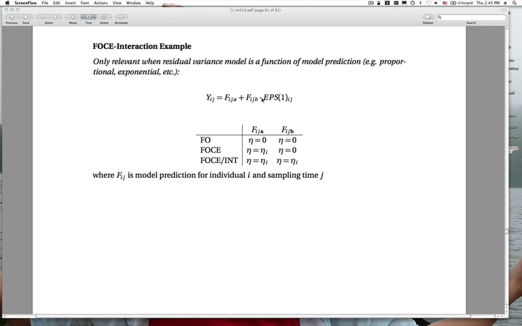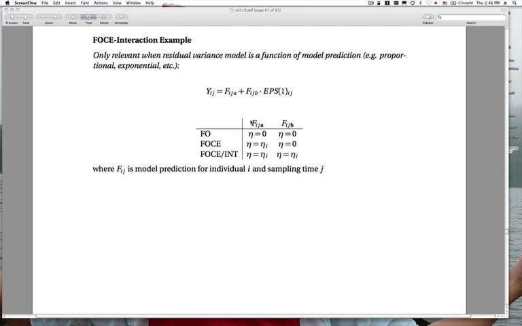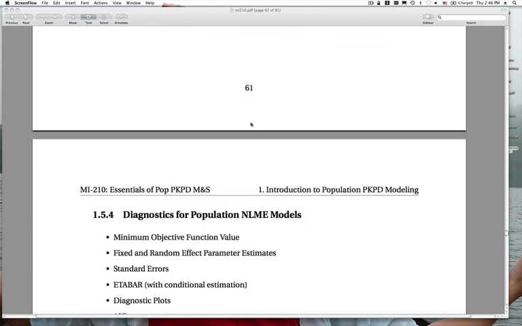They're both a product here, so that's why we call it eta epsilon interaction. And this allows now the individual specific prediction, which is presumably a better prediction of the individual's data than the population mean, to be the driver of the proportional variance component of the model. So that's the interaction effect.